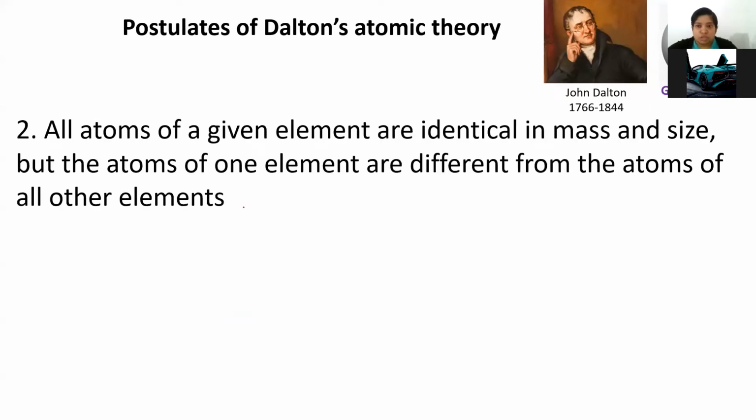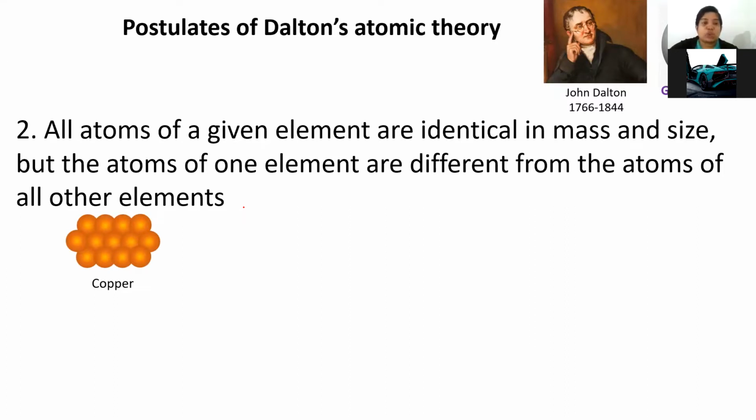The second postulate is that all atoms of a given element are identical in mass and size, and the atoms of different elements are going to be different. In some books, they break this into 2 points. That's how you end up with 4 or 5 points. Here, they have summed up two phrases as 1 point. So what this actually says is, let's say we have copper metal as an example.